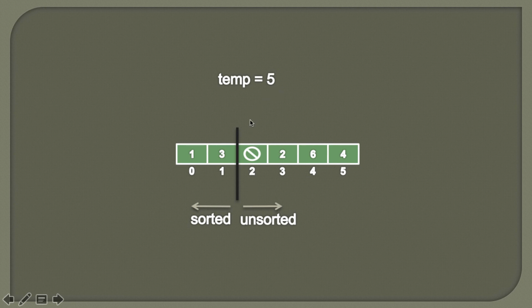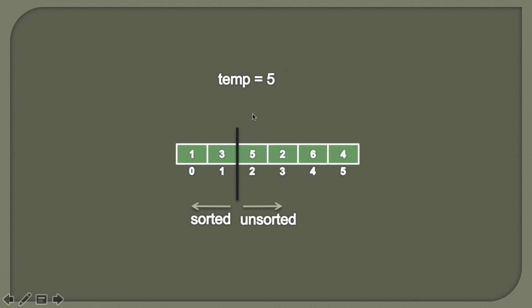So the position of 5 will not change. 5 will be stored at its own position. And here you can see that as 3 was less than 5, we didn't compare 1 with 5 because as this is a sorted array, 1 will be by default smaller than 5.